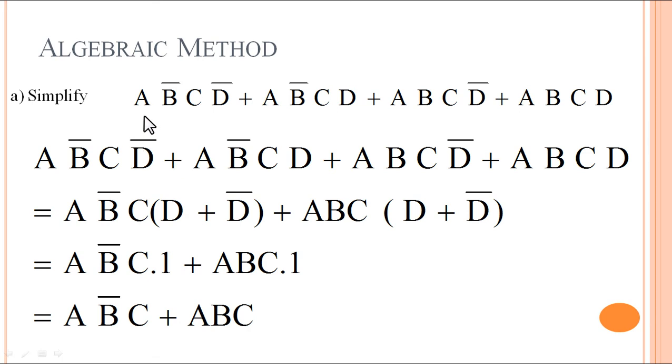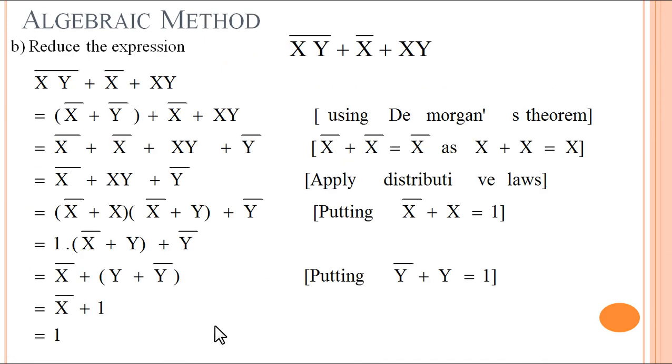If I draw the circuit diagram using the original expression, I would require more gates, but using this simplified expression, fewer gates are required. Going to the next example: reduce the following expression, x into y whole bar plus x bar plus x into y.